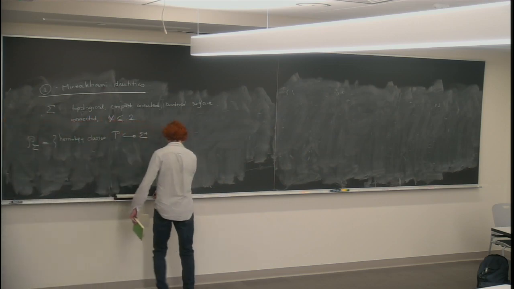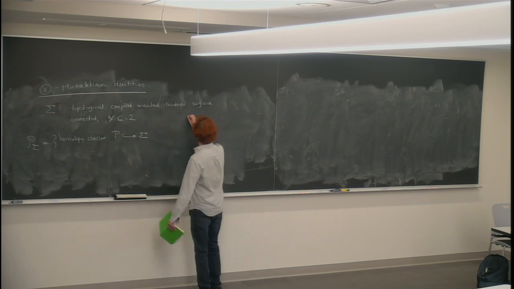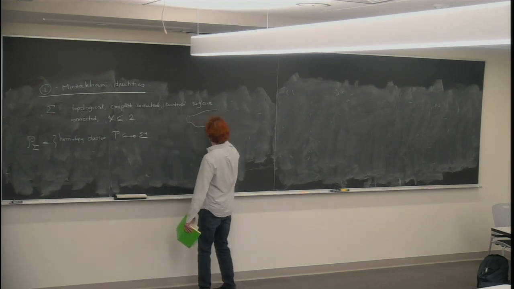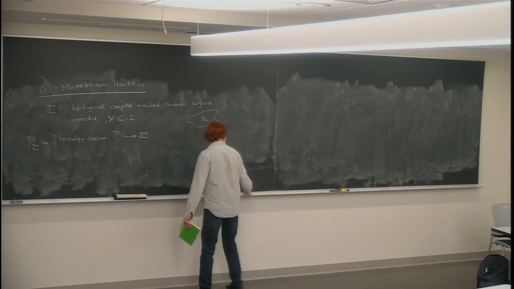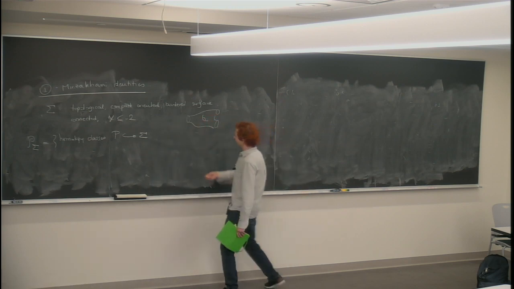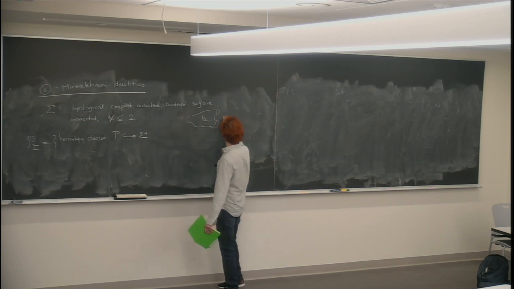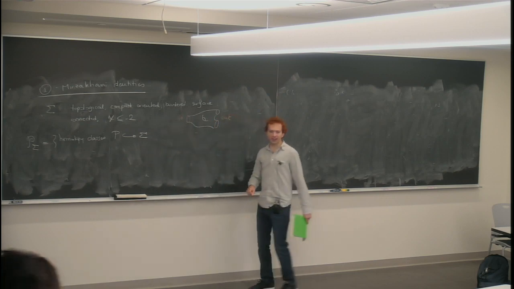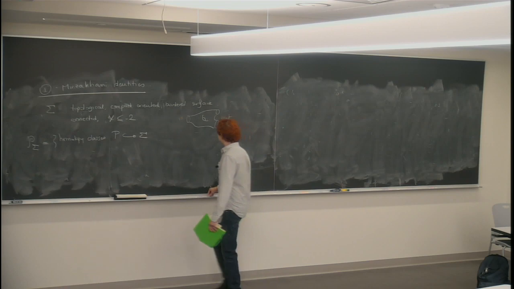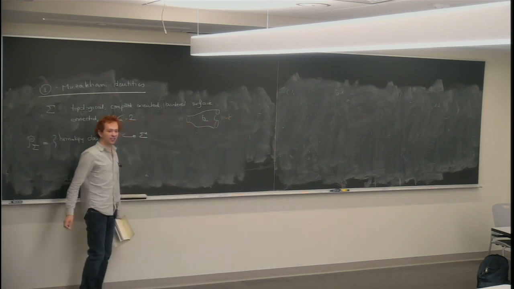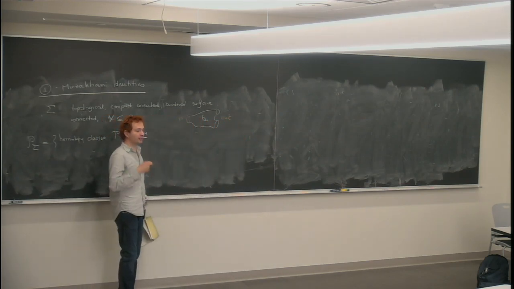One more thing I want to consider about my surfaces is that they will have one special boundary for each connected component. There's one boundary, which I represent to the left, which you can think of as in, and the others which are out. A way to make this distinction is to say that my boundary has an orientation, which may disagree or agree with the orientation of the surface.